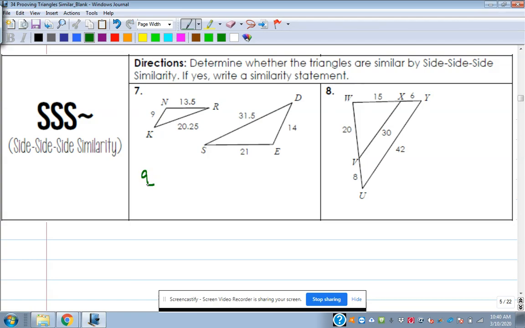DE. So the smallest side should correspond to the smallest side. Does that reduce? No. Okay. So let's get the next smallest side. So that'd be NR corresponds to SE. So it's 13.5 over 21 the same.